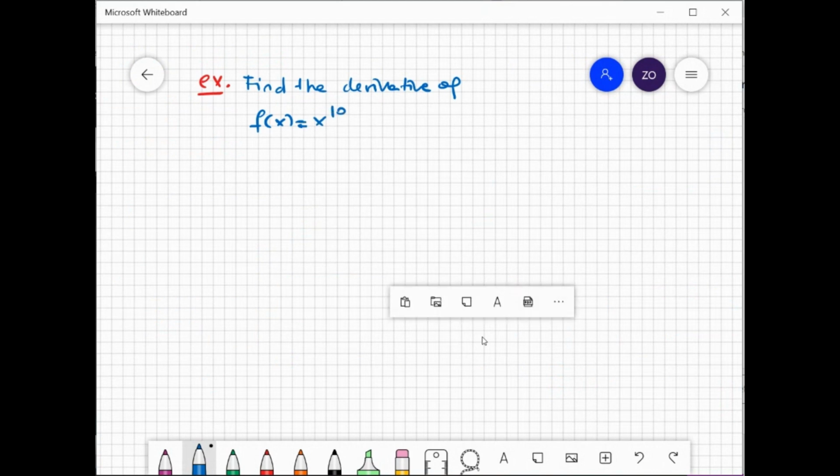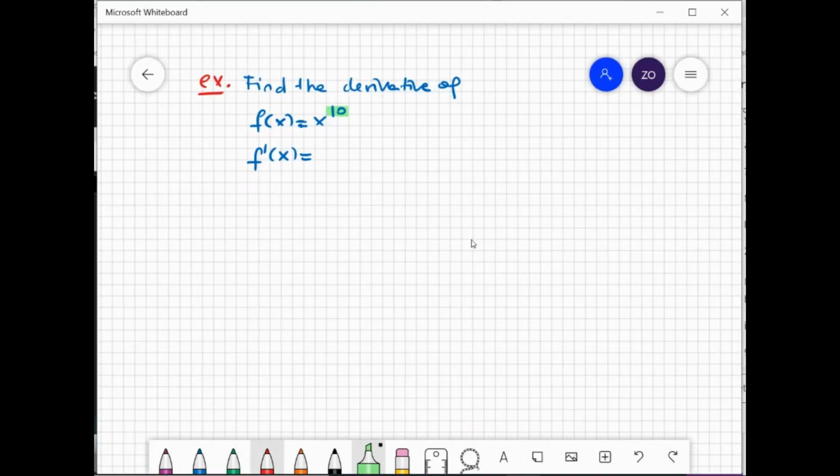Okay, so the function x to the 10. Let's find its derivative. This is the exponent, which will go to the front, so you just take the exponent to the front, 10 times x to the 10 minus 1, which is 9. So the derivative is 10x to the 9. Simple enough, right?